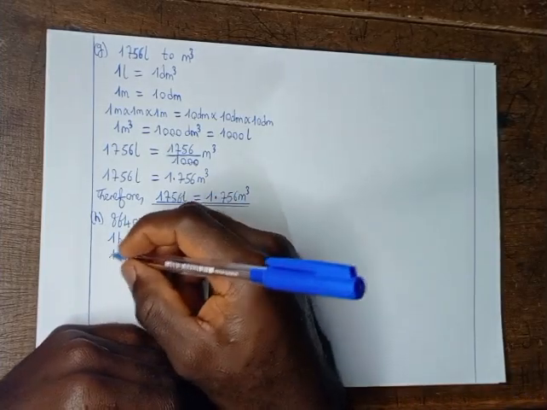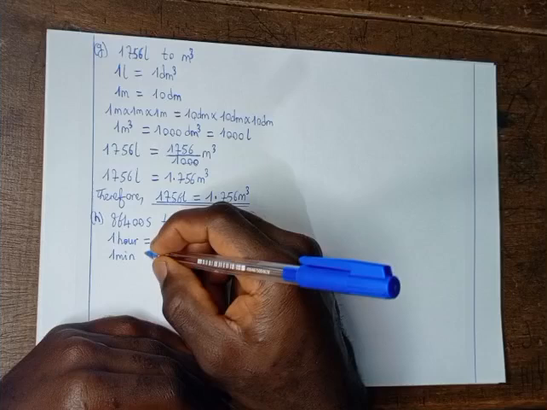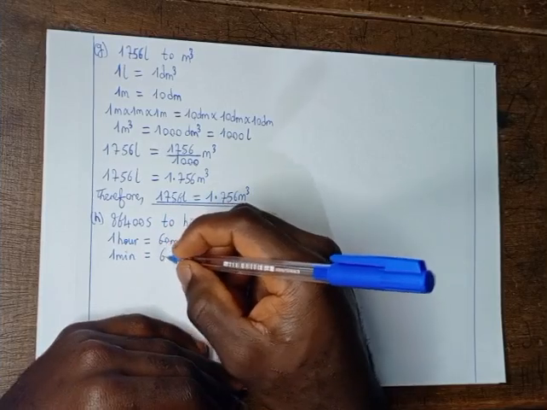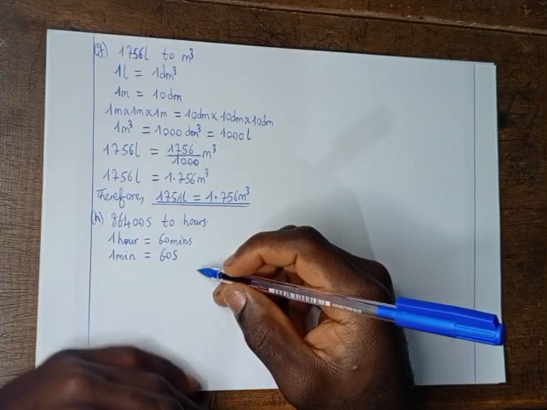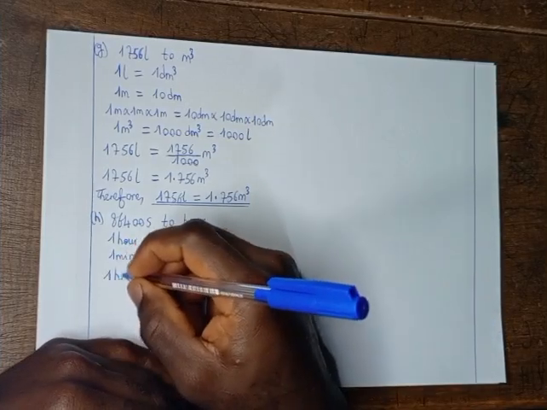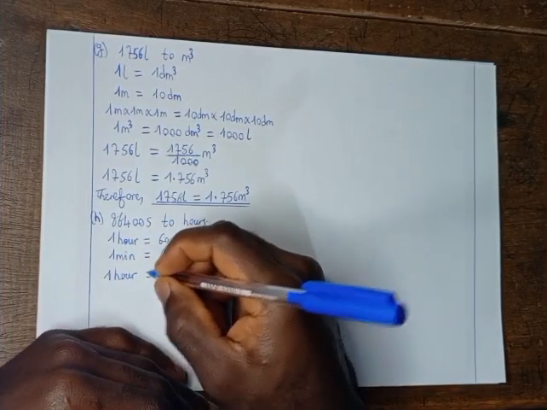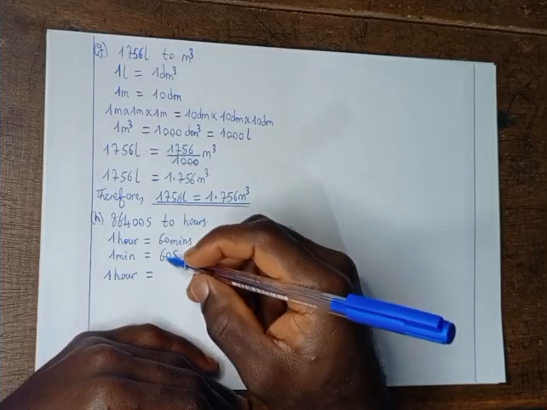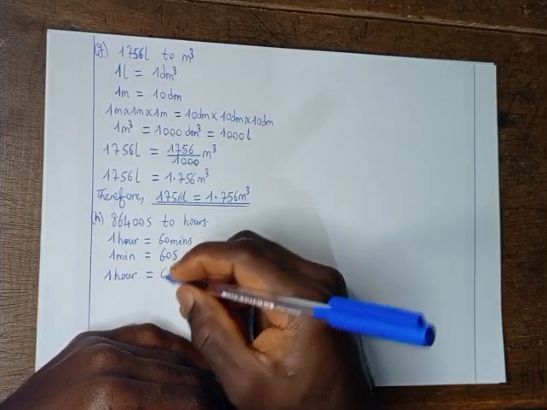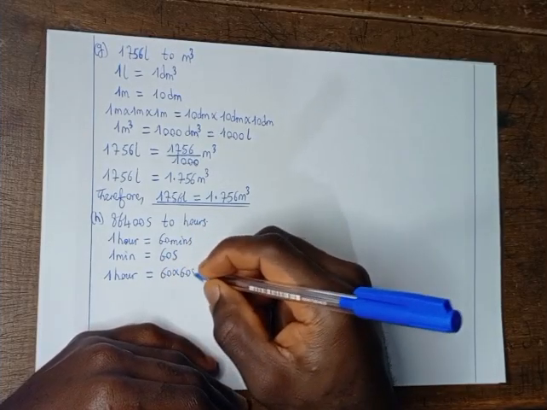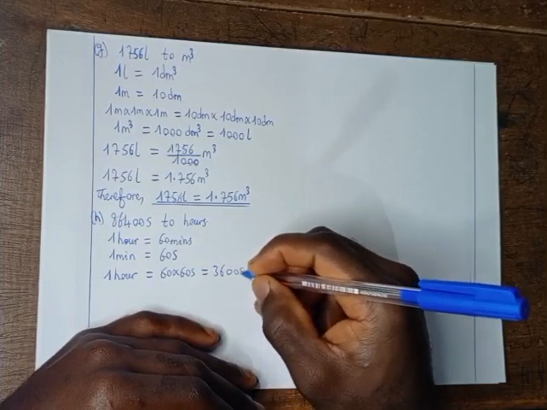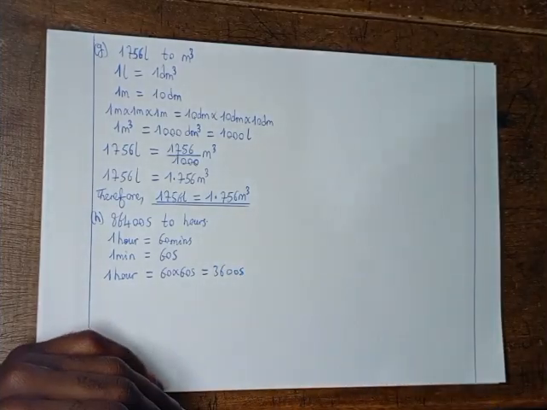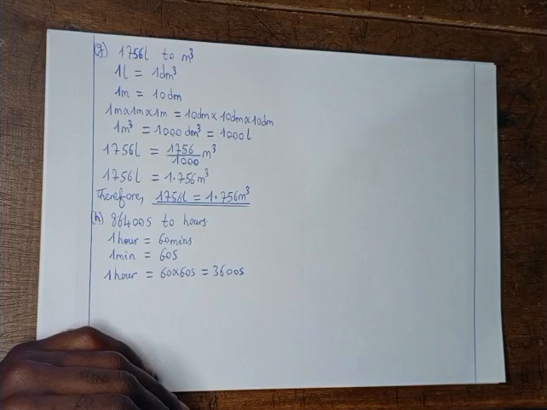Then we know 1 minute is equal to 60 seconds. For us to get the number of seconds in 1 hour, we are going to take 60 times 60 seconds, which is simply equal to 3600 seconds. So these are the number of seconds in 1 hour.